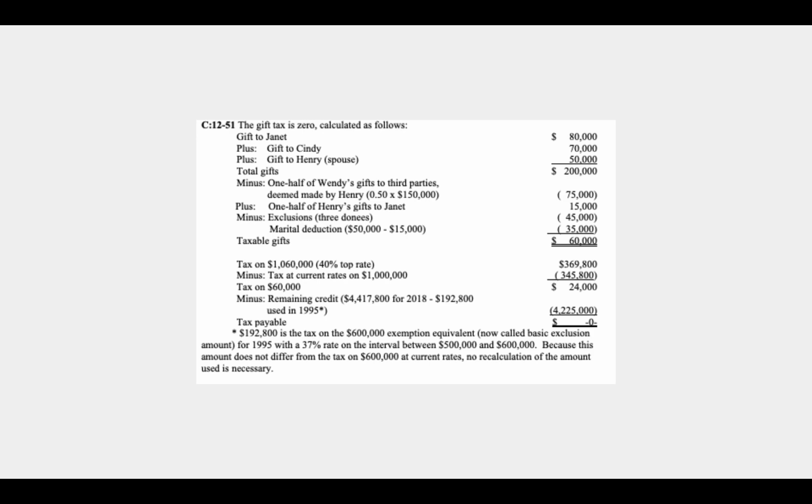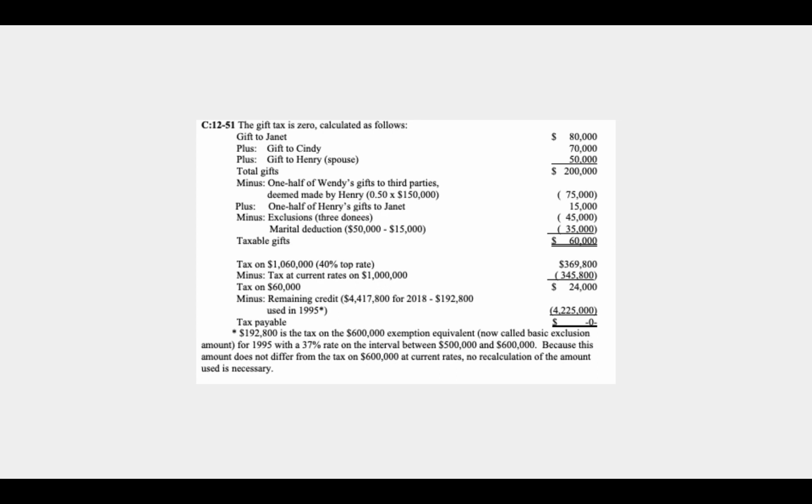We add back half the gifts that Henry made. So remember, Henry made a $30,000 gift to Janet. So I add that $15,000 in. Then I get to subtract the exclusions. So I have 3 of those to Janet, Cindy, and Henry. And I also get to subtract the marital deduction, which is $35,000. So my taxable gifts are $60,000.